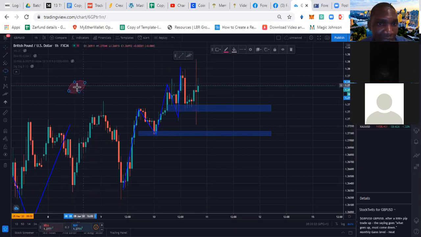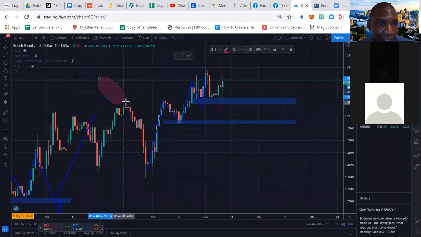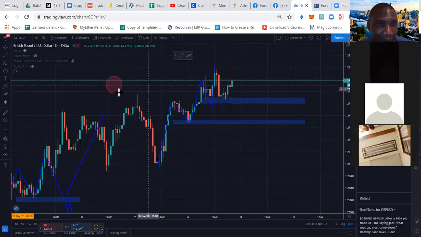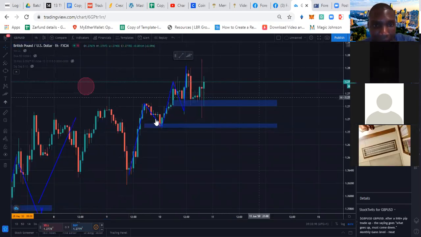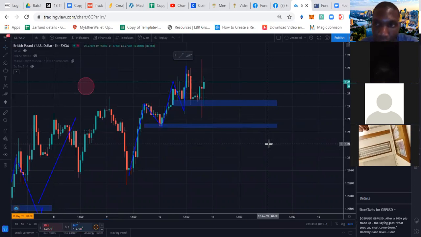So all of this, you can use these tools. So you use TradingView to analyze, and you go and take your trade on your phone or on your laptop.